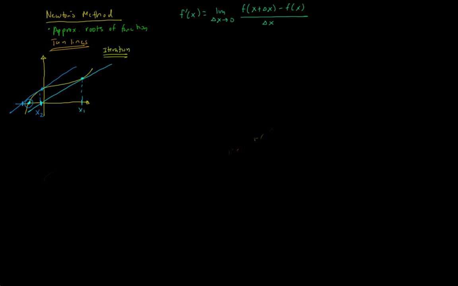If we were to need to use the definition of a derivative at a specific point, so derivative at a certain point, say c, then we would use f prime of c is equal to the limit as x approaches c of f of x minus f of c over x minus c.